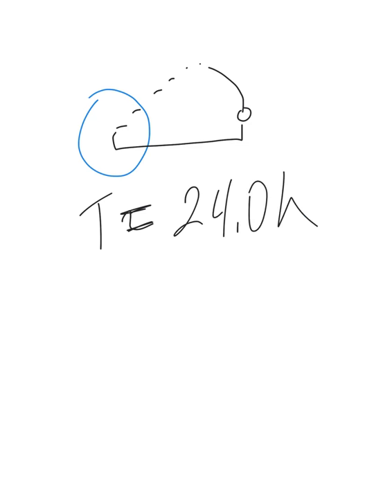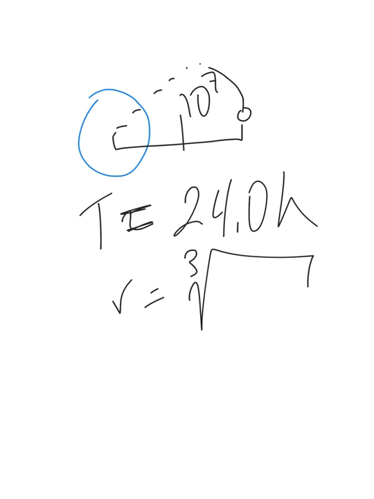Oddly enough, don't leave that in hours. And you're going to go back and you're going to find that radius. Let me give you a hint. It's going to involve a cube root. And that radius here should be 10 to the 7th. But it asks for the distance above, so you subtract out the radius of the Earth. And there you go.